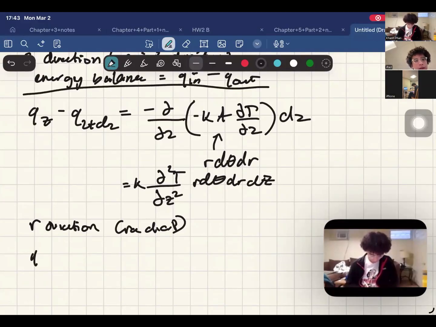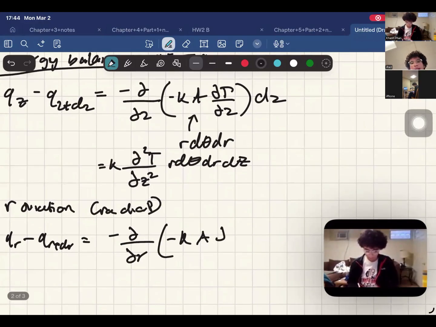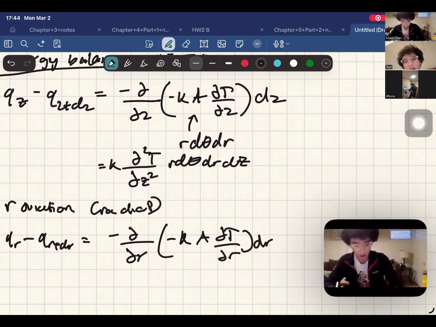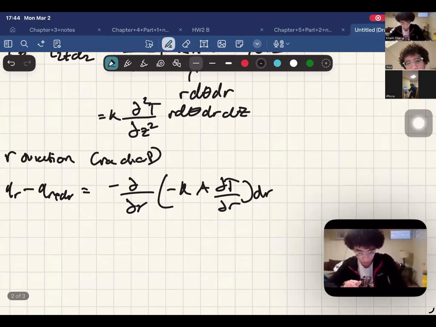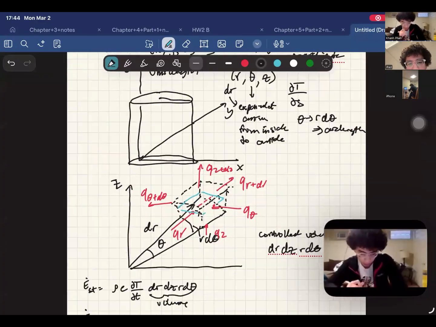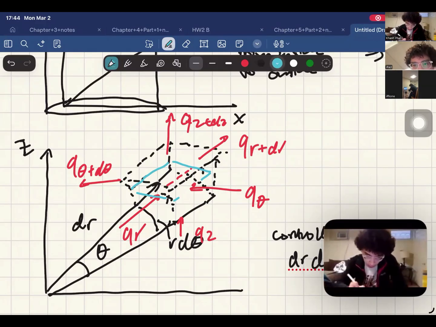So you have Qr minus Qr plus dr equal to negative derivative with respect to r of negative k A dT over dr. Over here the area would be equal to, so we're talking about the r direction, so it's gonna be like this.